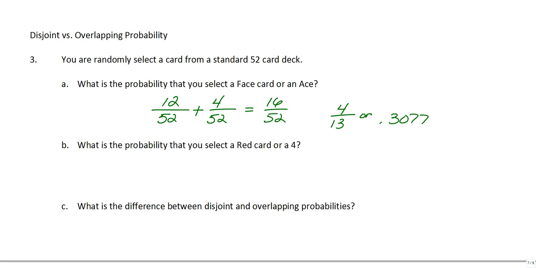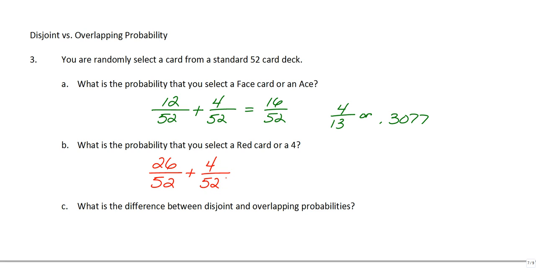But what's the probability that you select a red or a 4? So let's think about reds. Out of 52 cards, there are 13 hearts and 13 diamonds, which means we have 26, or half the deck is red, and the other half is black. Plus a 4. Well, we have a 4 of hearts, diamonds, spades, and clubs, so we have 4 4s in a deck.